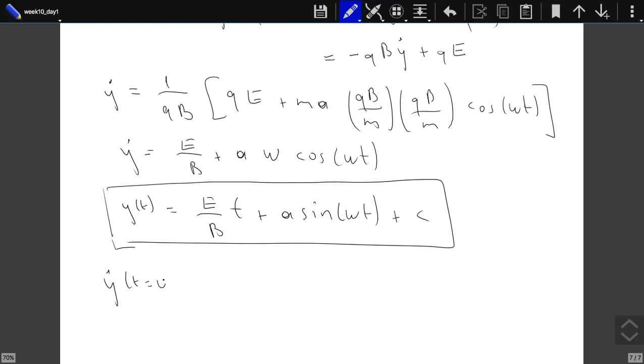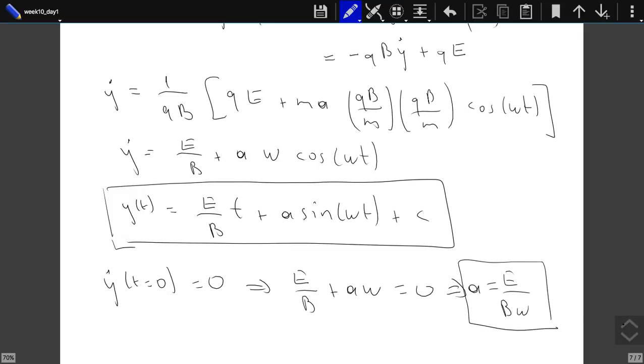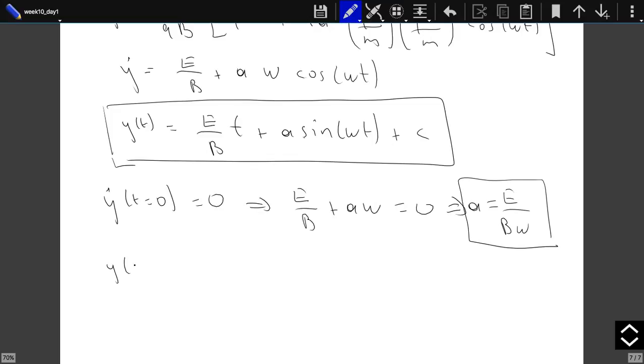On one hand, I know that y dot at t equal to 0 is equal to 0. So this tells me that E over B plus A omega should be equal to 0, or A should be equal to minus E over B omega. Now I know A.